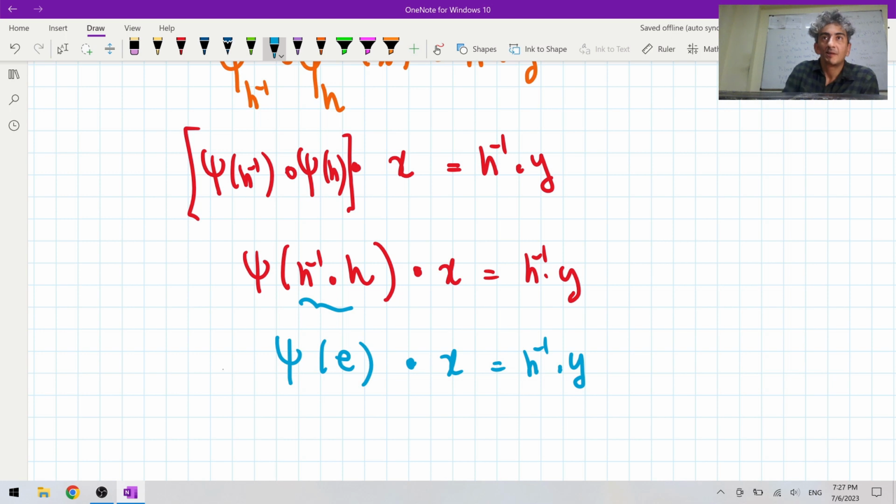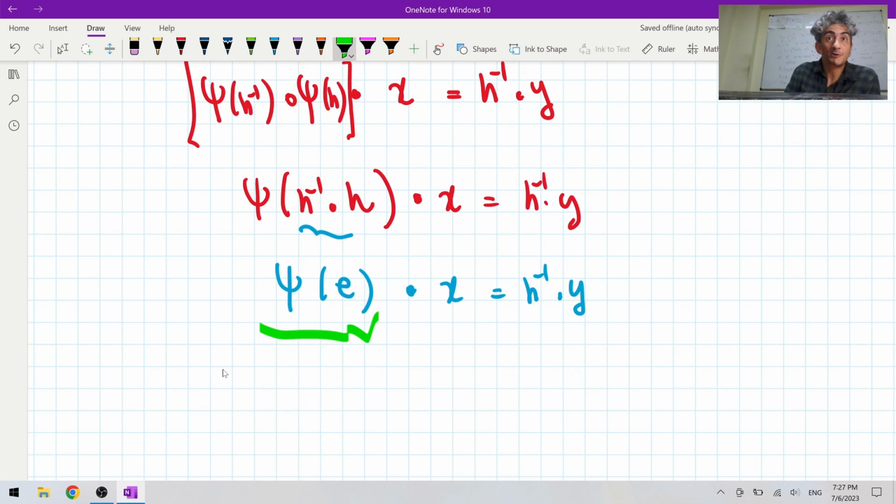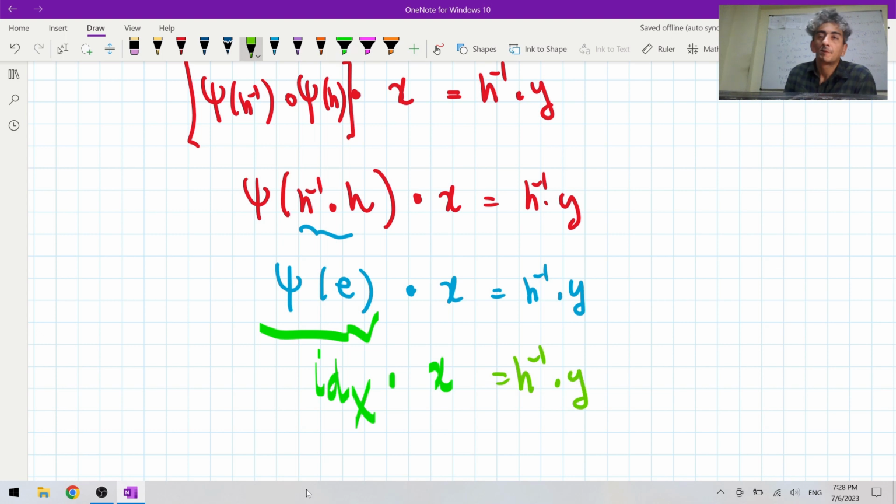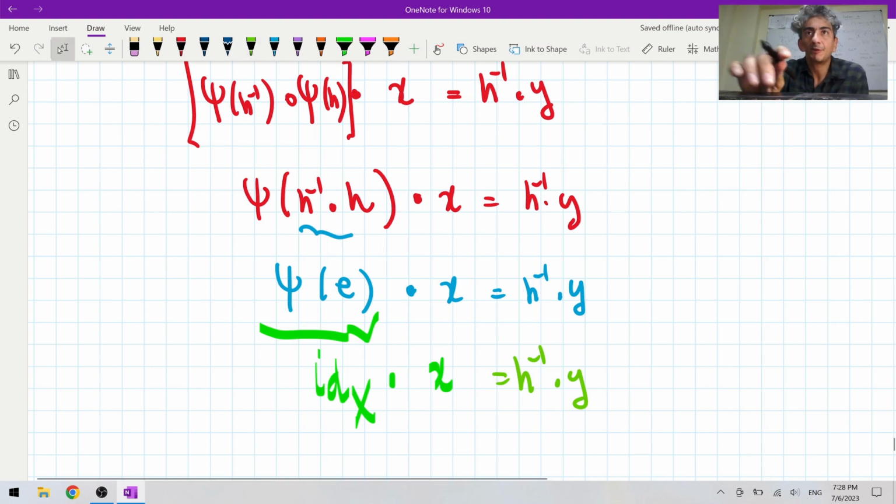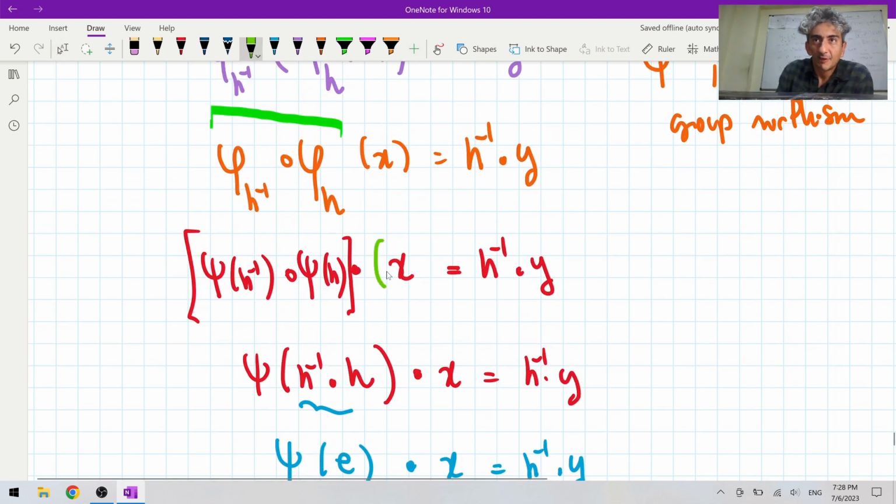And this has to be the identity element of the transformation group. So this is the identity of X acting on X. And the identity of X acting on X is actually, what do we need to say now? Here I'm missing this parenthesis over here.